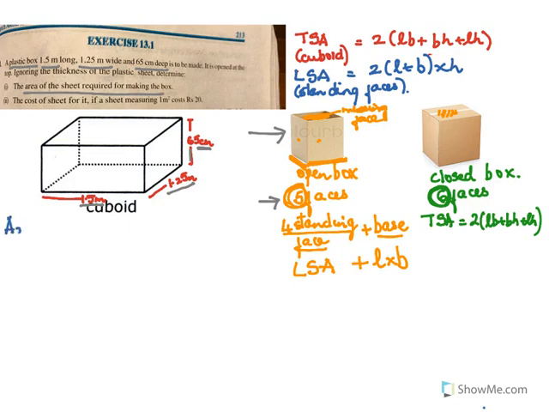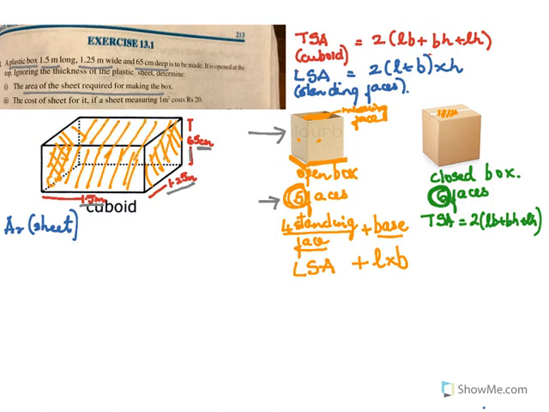So area of sheet, like we've already seen, will be these 4 standing surfaces, this is the first, then the second, 3 here and 4.